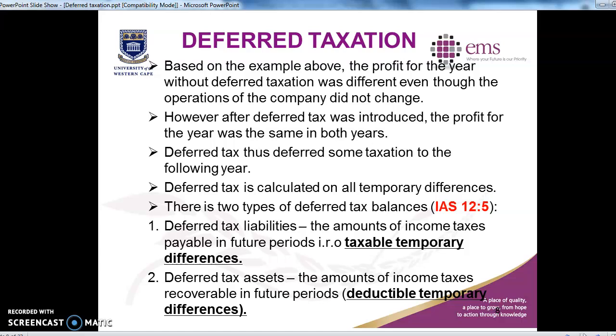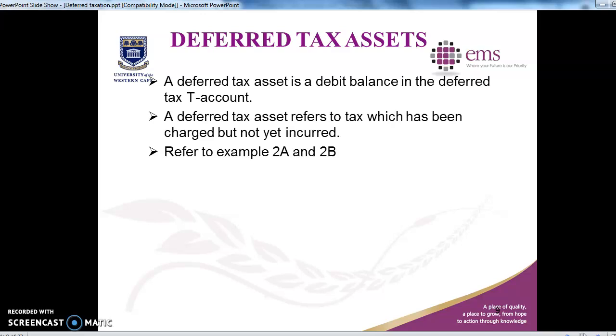So it means that we will be taxed in future. So it's a future tax that's going to be payable. And then we have a deferred tax asset, and it is the amount of income tax recoverable in future periods, or we can say it's a deferred tax saving, whatever you want to call it. And it's also known as a deductible temporary difference. So we'll speak about these terms a little bit later as well.